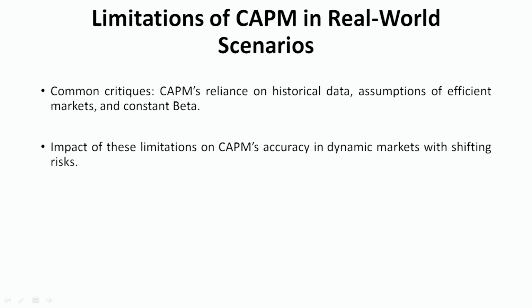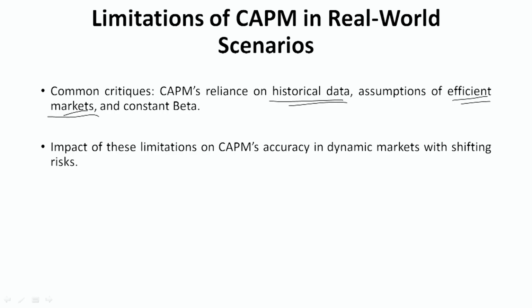So in the real world, what are the limitations of CAPM? It is dependent on historical data, because whatever information is available in the market has an influence on the market, and that is where we say the assumption talks about the efficient market hypothesis and information flow, right?